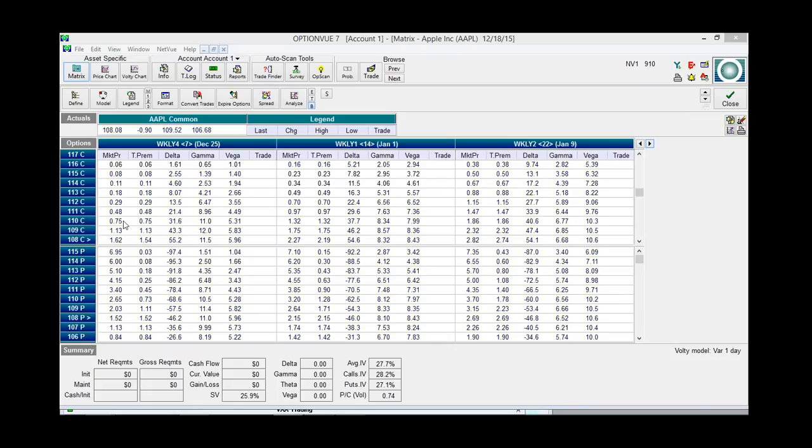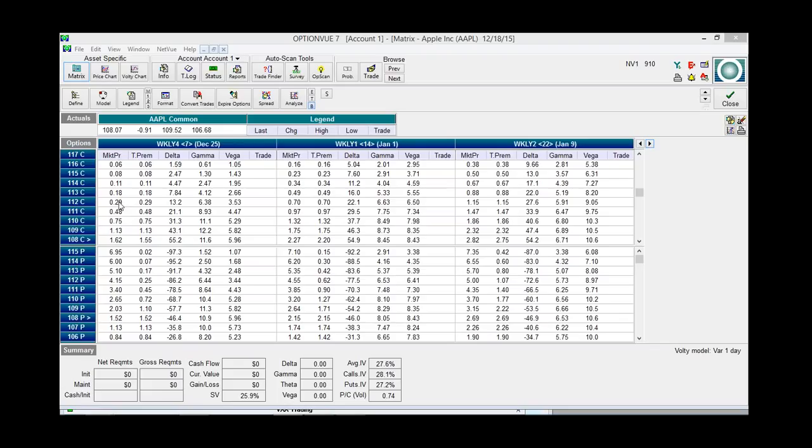You should be able to get them for around a half a point, 45 cents or so. If your bankroll is limited, the 111 call will work. You'll get that for around 29 cents. What am I doing? I'm just shifting the pricing here, taking a point off of Apple, telling you what they'll be worth. You're not buying them now, and these prices are not what you'd pay.